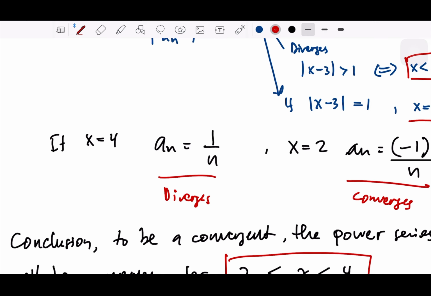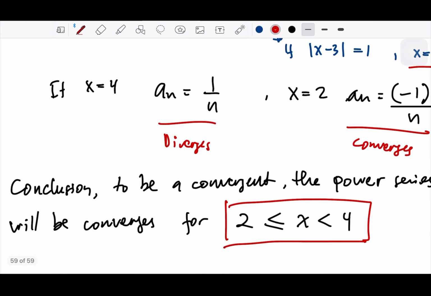When we have 2, we have an alternating series, which means that it's converged. So the final conclusion is that for the power series to be convergent, we need 2 less than or equal to x less than 4. And this is the final conclusion.